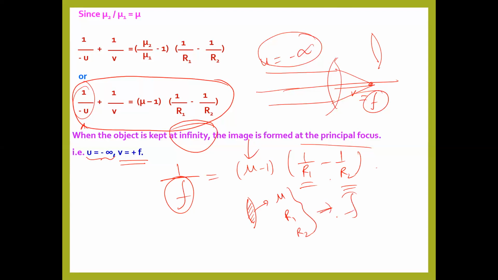Suppose we need a 15 centimeter focal length lens, then we will just calculate and find good values of R1 and R2. Normally we take lenses of equal curvature in normal uses, but in some other cases R1 and R2 may not be equal.